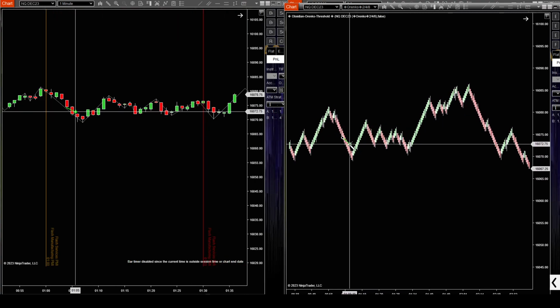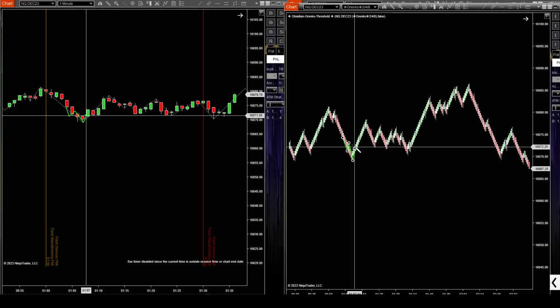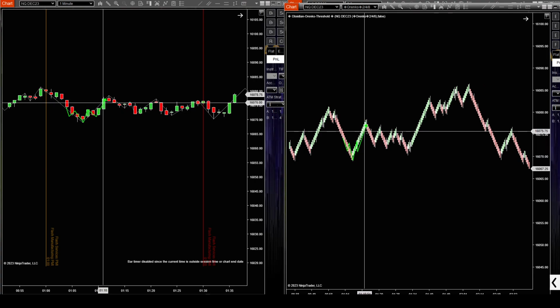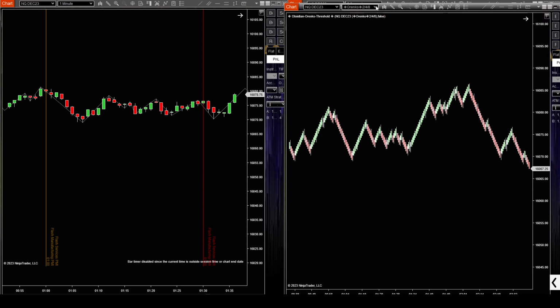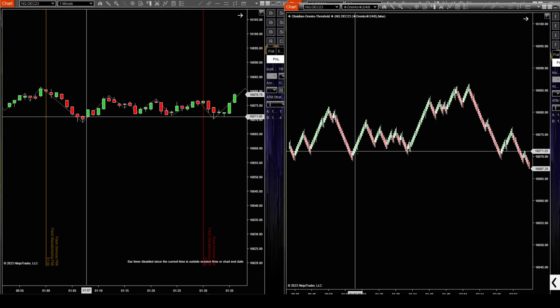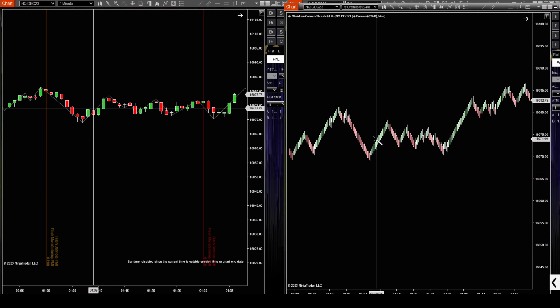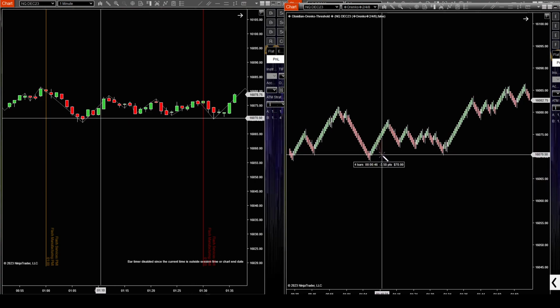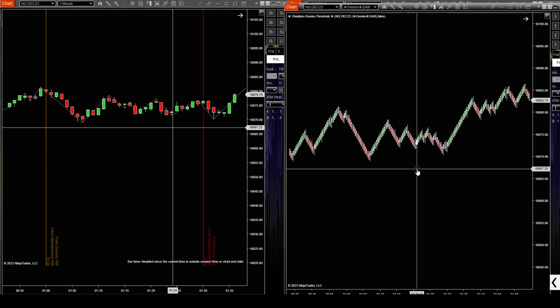Look right here, just this tiny wick up gives me the idea that we got the pattern. If you go on an even smaller bar, like this is the 248, if you go on the 124, you can see this a bit better. But again, 3 pip stop, 3 target, you won.